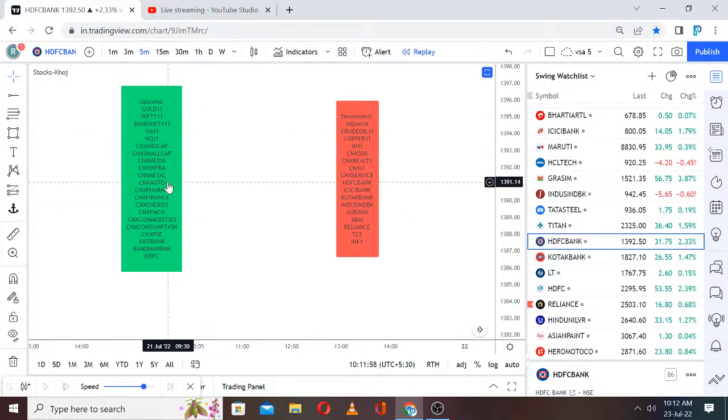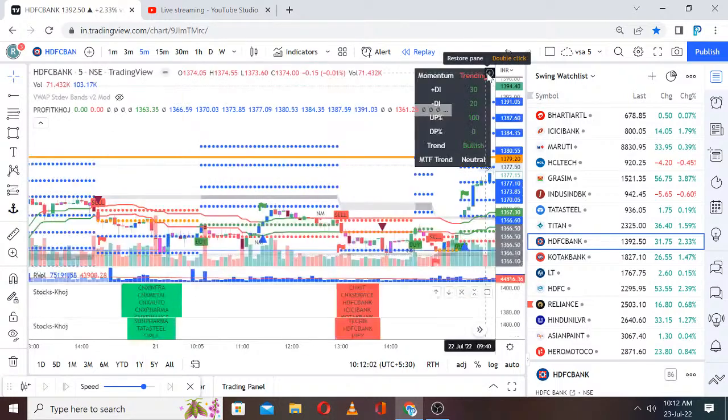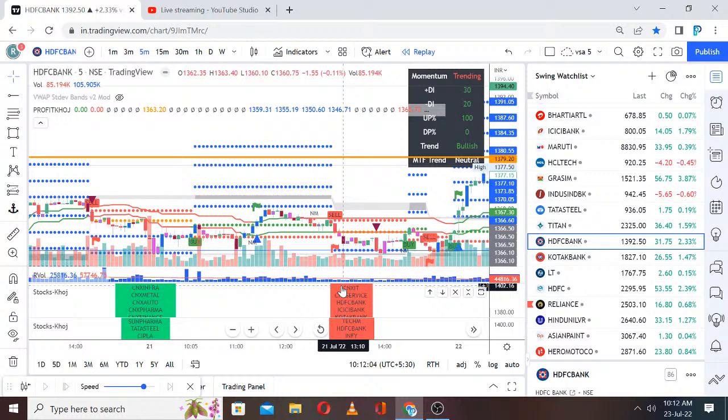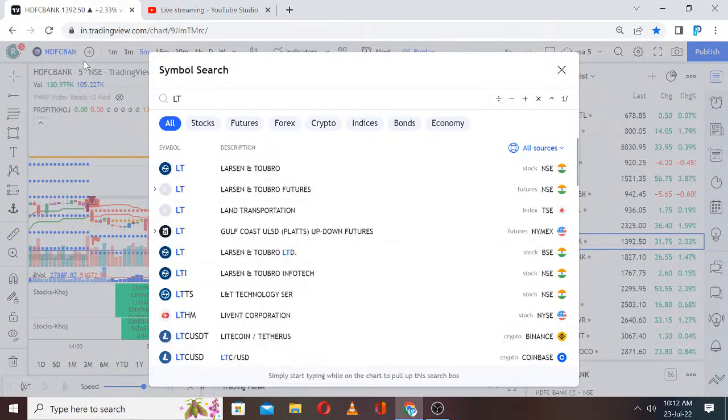Then media, infra, metal, auto. Media and infra, okay. I don't think there are many media and infra stocks in the stocks per indicator for me, but infra stocks I know some. So let's check.